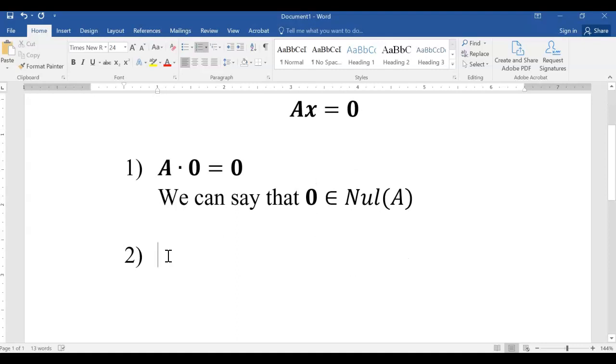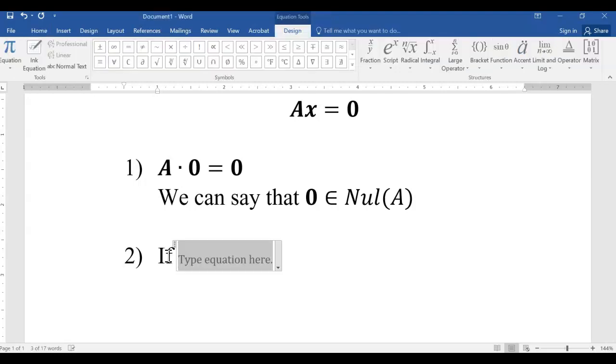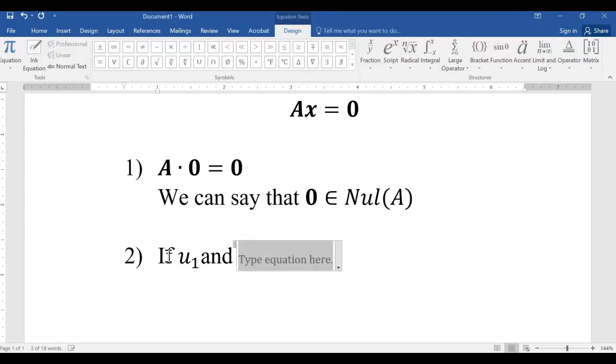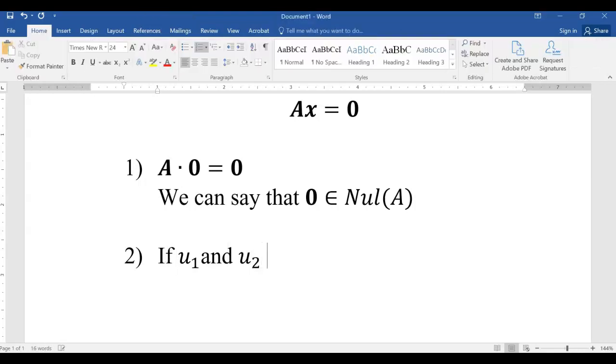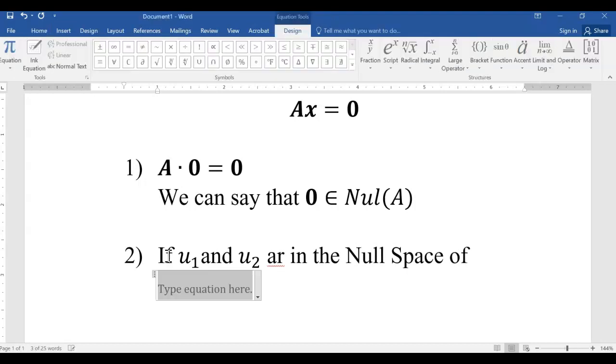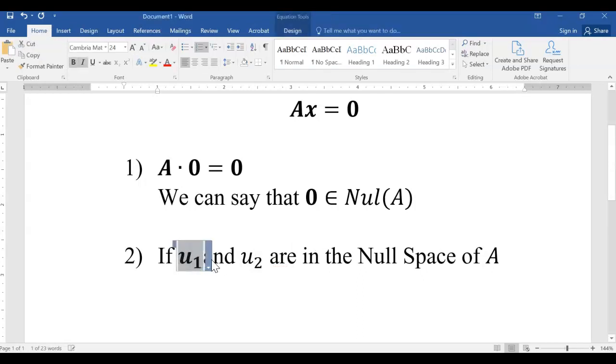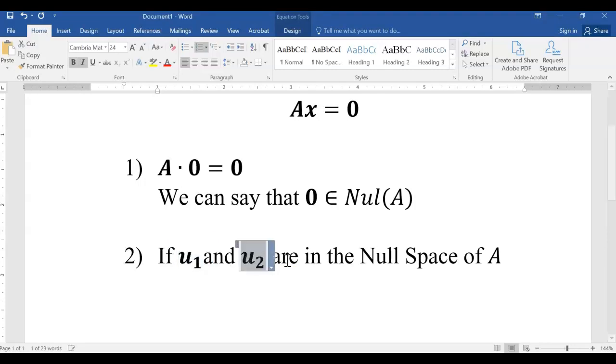What are the other properties? Well, the other property is, if we have two vectors, u1 and u2, which we're going to assume are in the null space of A, is the sum in the null space of A?